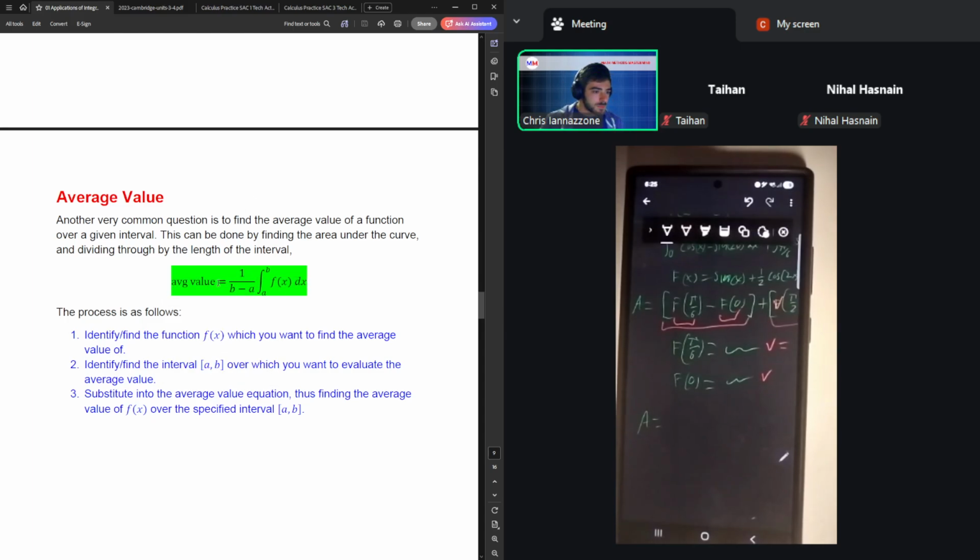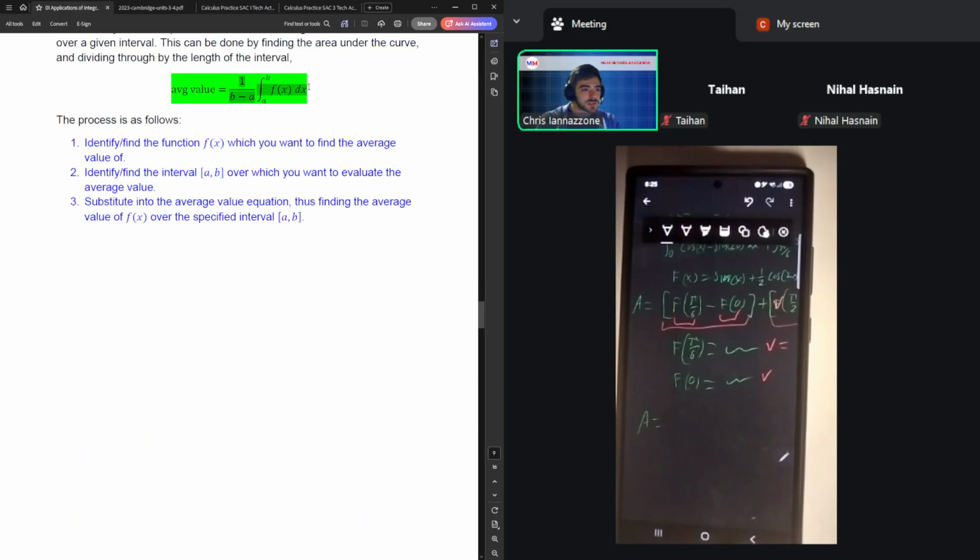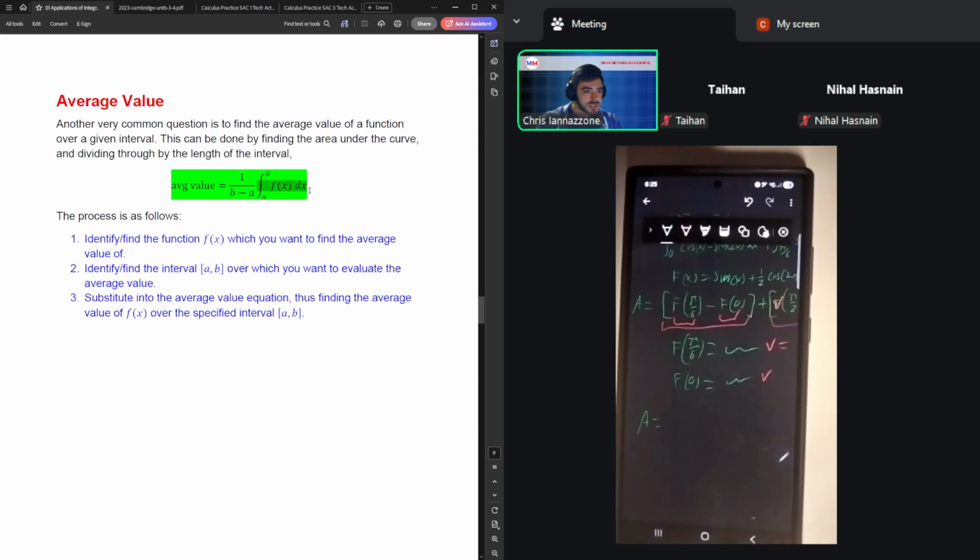So basically, it's just solving the definite integral of whatever function is telling you to average, and then dividing by the length of the interval. So it says calculate average value, or find the average of a function over an interval. You're simply just plugging and playing directly into this equation. We've done definite integrals so many times, and this is literally just a division. So there shouldn't be anything complicated here.